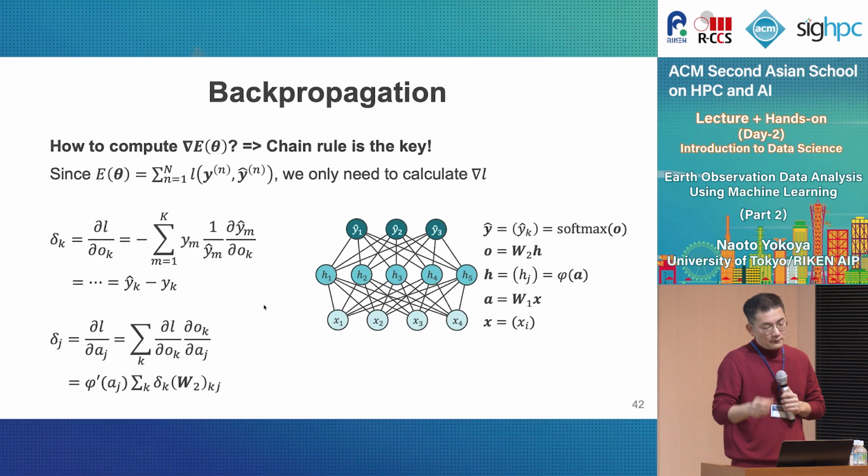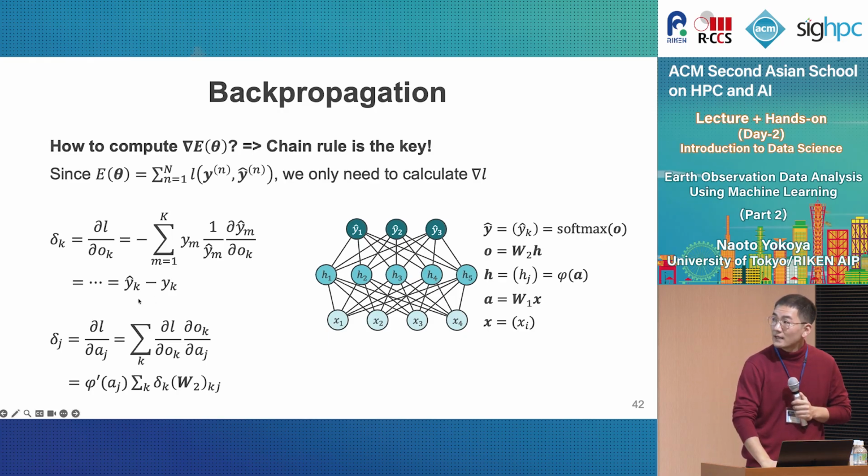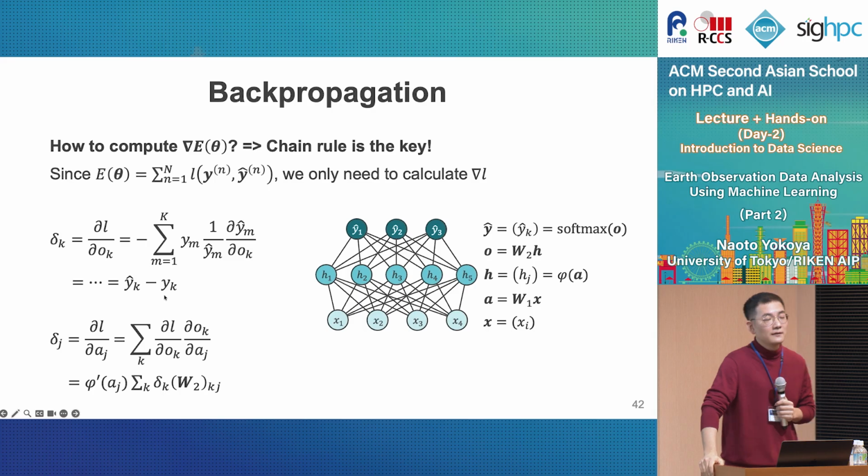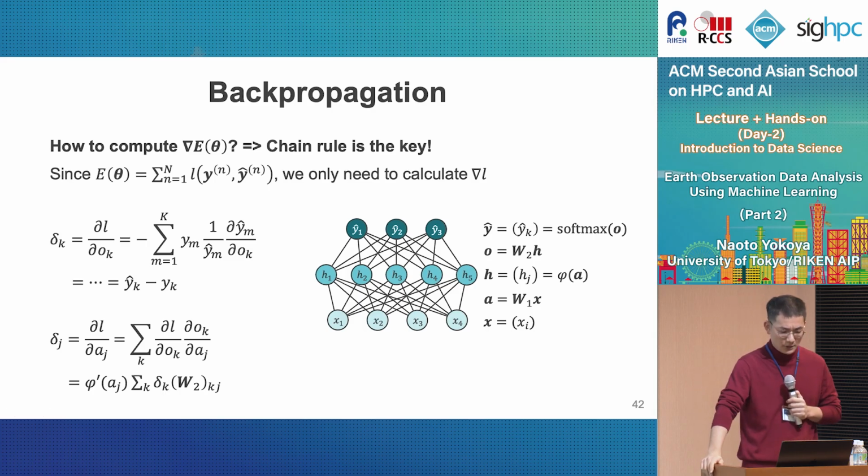But those deltas, you can just do the math calculation, and we can derive it based on the cross entropy loss, for example. You can just calculate, and it will be just the difference between prediction and ground truth.